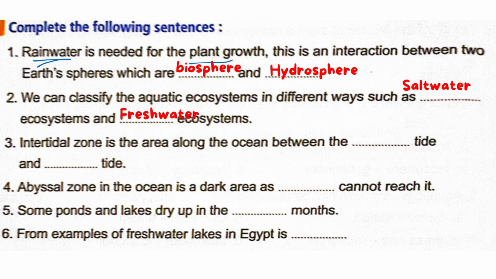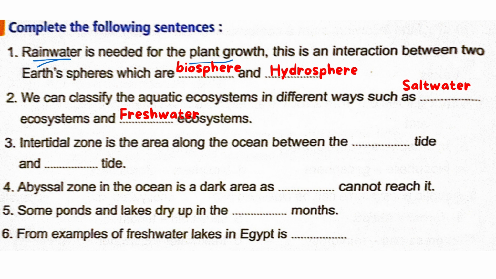We talked about the saltwater, as we have two ecosystems in the saltwater: shallow areas which contain intertidal zones and coral reefs, and we have other areas which are very deep, yes, and we call them abyssal zones. Okay, and in the freshwater ecosystem we studied ponds and lakes. Okay, and we have the flowing water bodies, like streams and rivers.